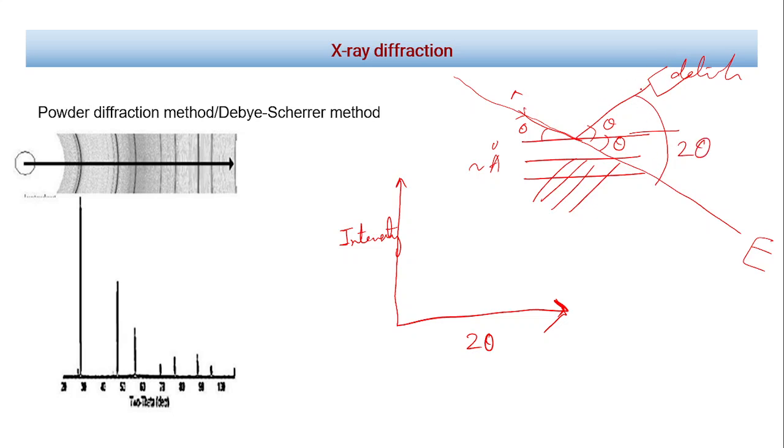Using the detector, I can detect where the diffracted light is going, and I can detect where the incident light, which is transmitting through the sample, is going. So this angle difference I can measure, and I can find out 2 theta. Although finding theta is difficult experimentally, finding 2 theta is very easy.